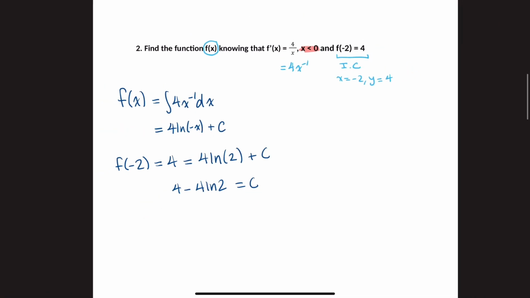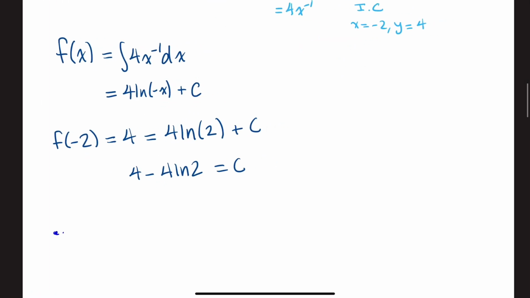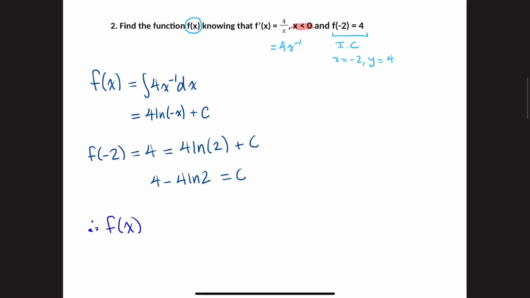So therefore, this is our c value. And therefore, we can say that the particular solution is f of x is equal to 4 ln minus x plus 4 minus 4 ln 2.